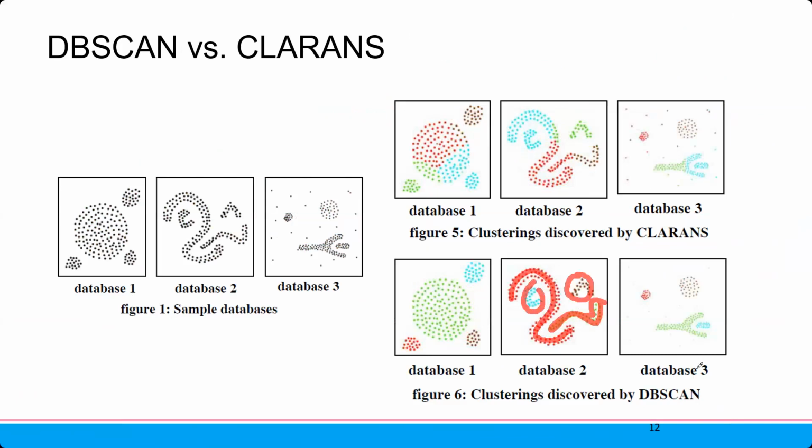And there is a tree. With CLARANS, you can see this one is one cluster, this one is one cluster, but this one is separated. Meanwhile, in DBSCAN, you can see that this is one cluster and this is another cluster.